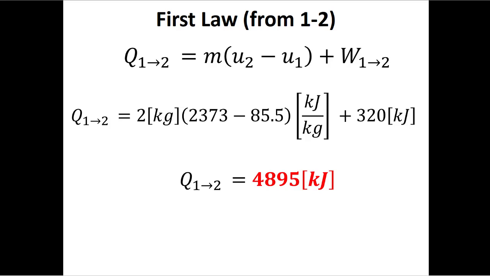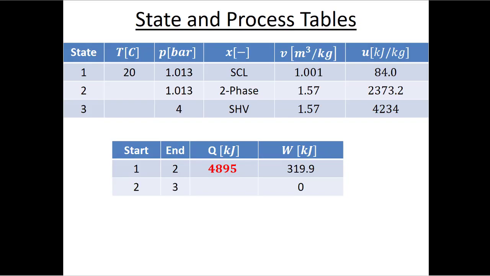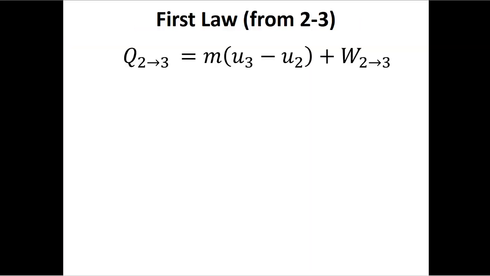And I find that I have a positive value for heat of 4,895 kilojoules. I remember my sign convention, heat in is positive. So heat is being added to my system. And this is what I think should happen because that's what the problem tells me, that I'm adding heat through both of these processes. Let's see about process number 2. Again, I use what I have from the first law.